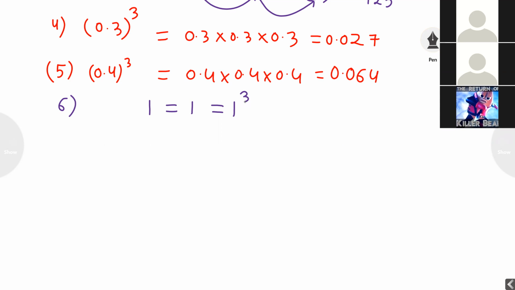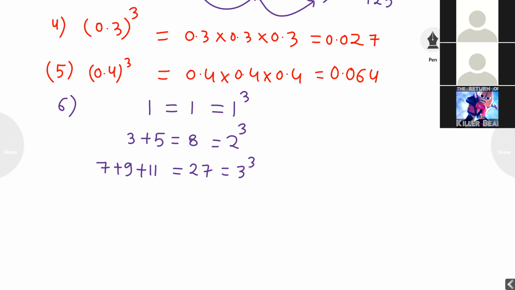Now for the second, I want to take two odd numbers. 3 plus 5 is equal to 8. 8 means what? 2 cube. Now 7 plus 9 plus 11 is equal to 27, which is 3 cube.